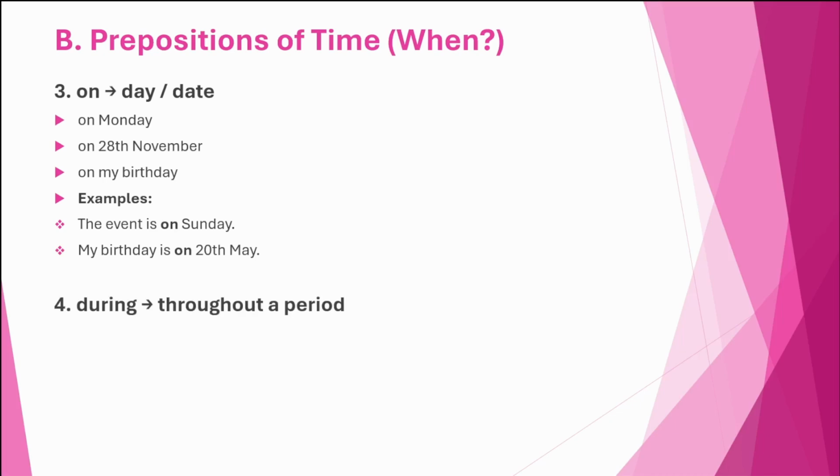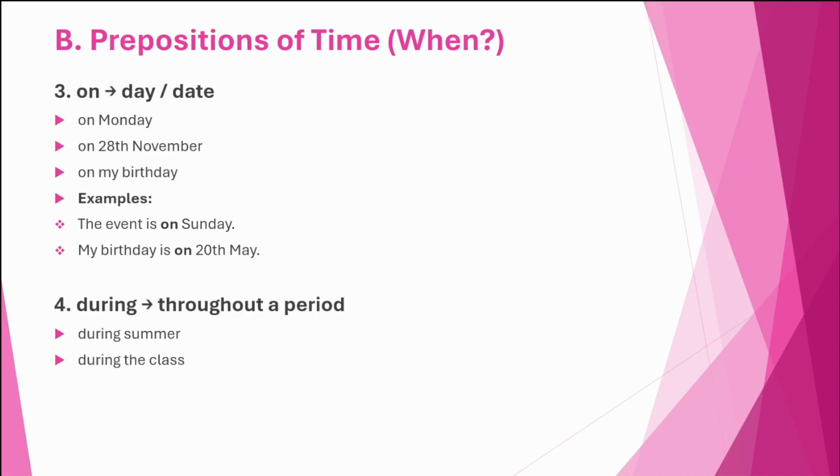Fourth one is the preposition during, which is used to show an event that is occurring for a span of time, for the complete duration of a time. For example, during summer, that is, something occurred for the entire period of summer.